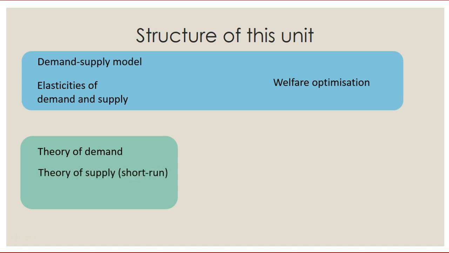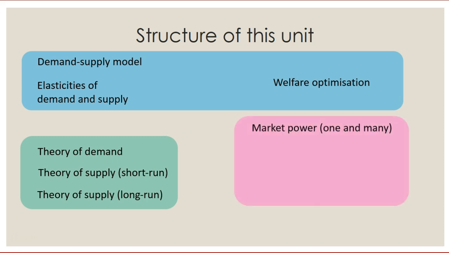And then we'll look at the theory of supply in the short run, which lies behind the supply part of the demand-supply model. And part 2 of that is the theory of supply with respect to the long run. Okay, that's the theoretical background to the model.